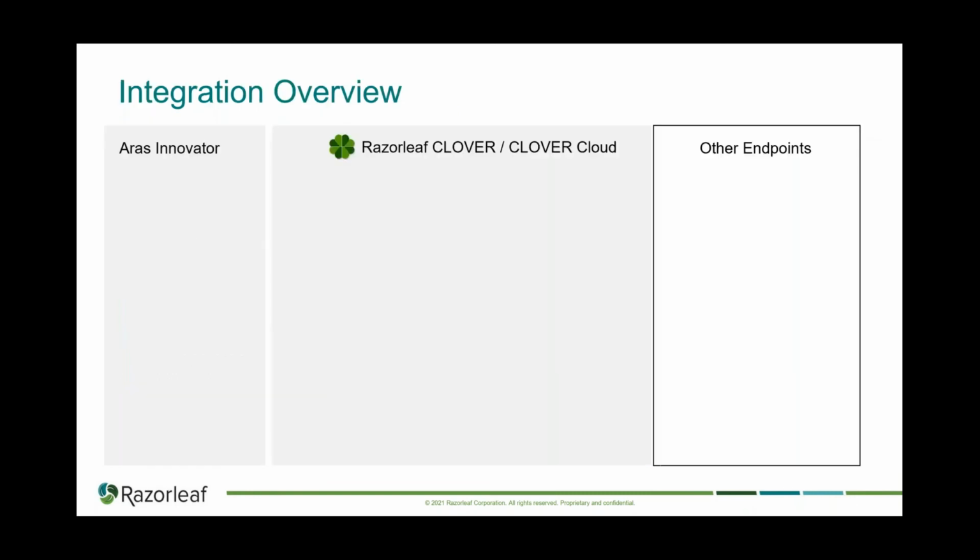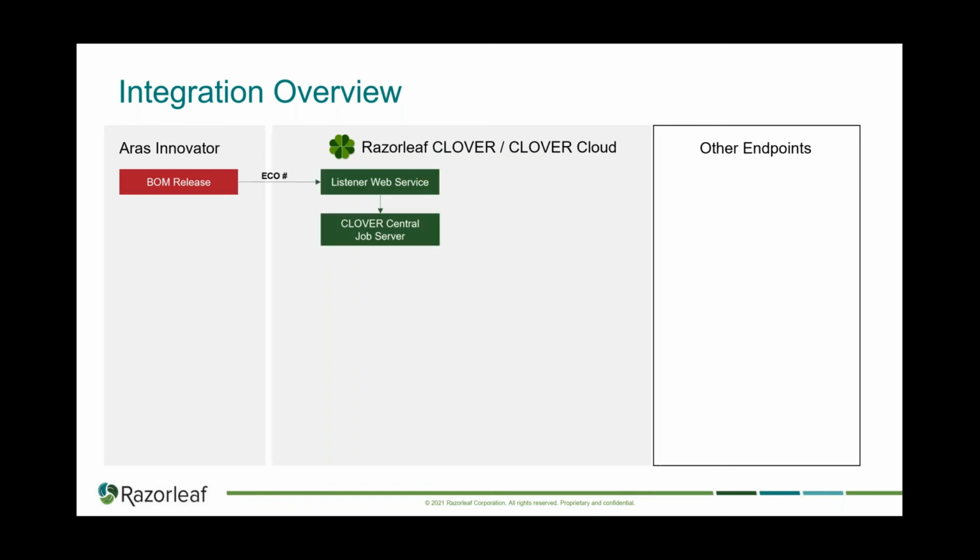So how does this work at a basic high level? It's pretty simple. Something happens in Innovator, in this case, a BOM release off of a change workflow, say. The change number is sent to a listener service, a CLOVER listener service, that invokes an event in the CLOVER central platform.